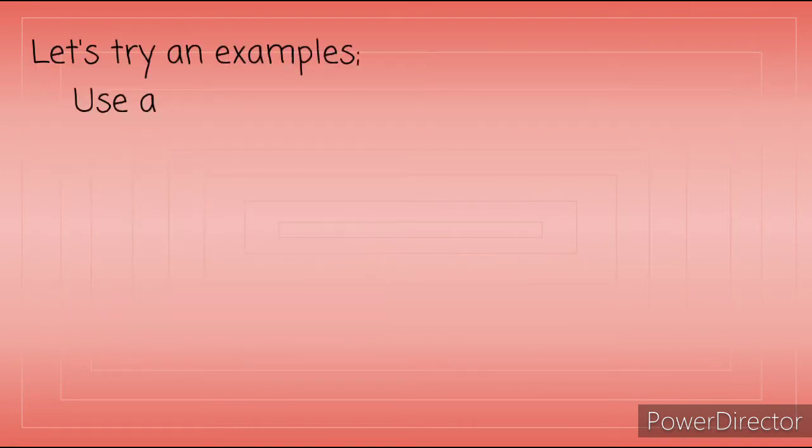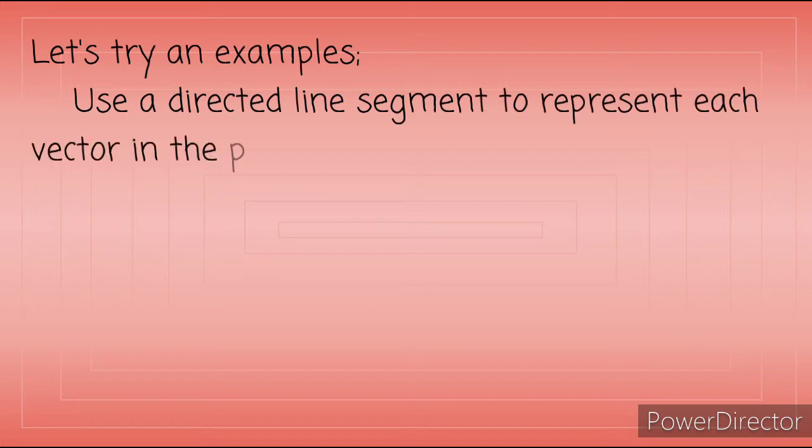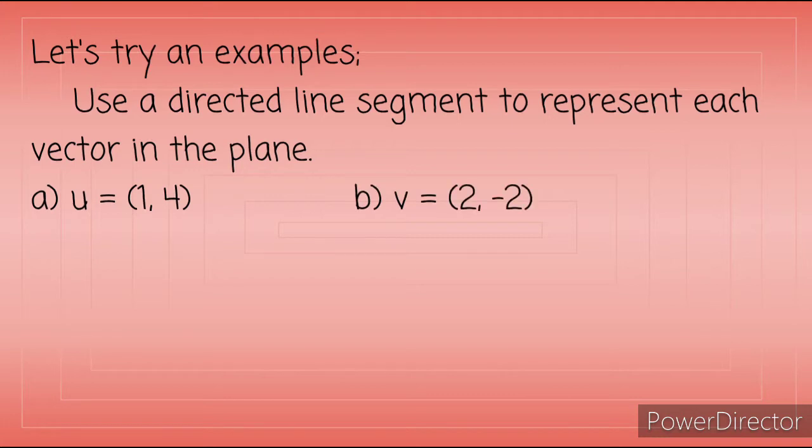Let's try an example. Use a directed line segment to represent each vector in the plane. Letter A, u = (1, 4). Letter B, v = (2, -2).